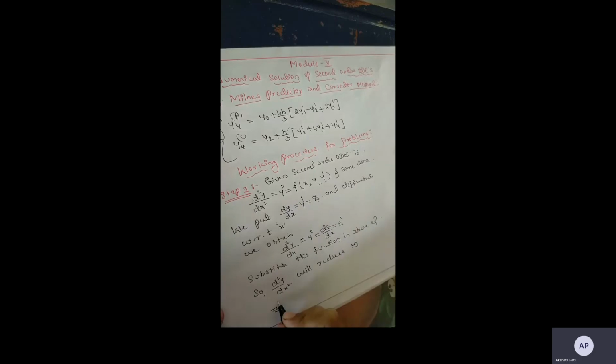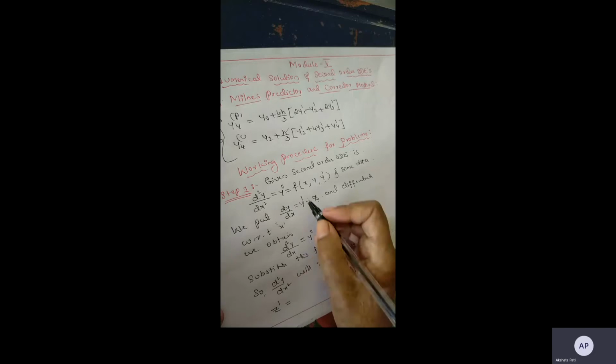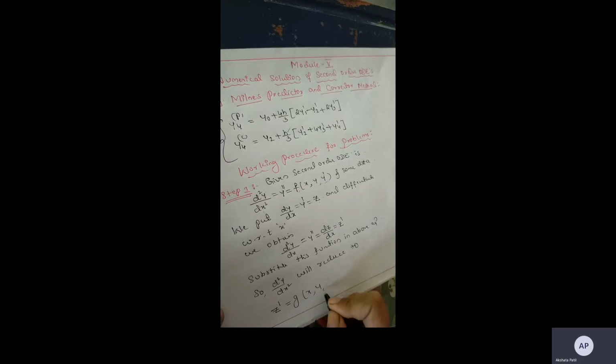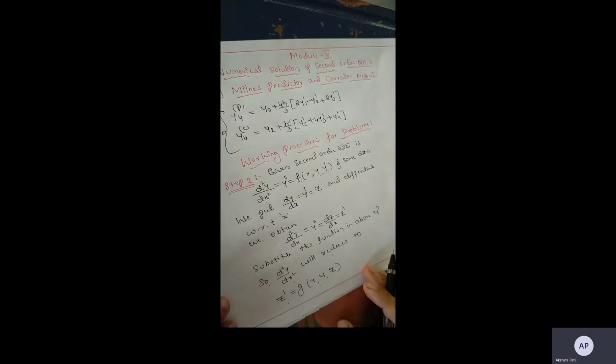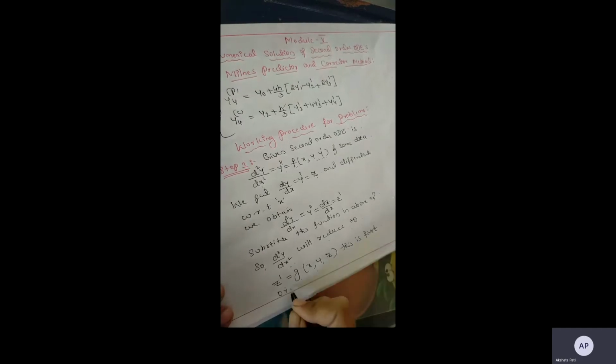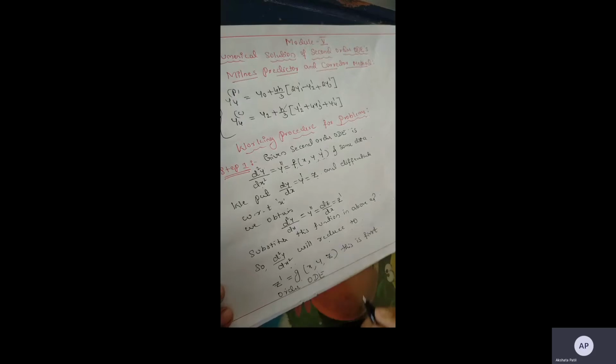So you get z dash equals, using some other notation since we have used the f function, the function g of x comma y comma z. So d square y divided by dx square reduces to z dash equals the function g of x comma y comma z. This is a first order ordinary differential equation.